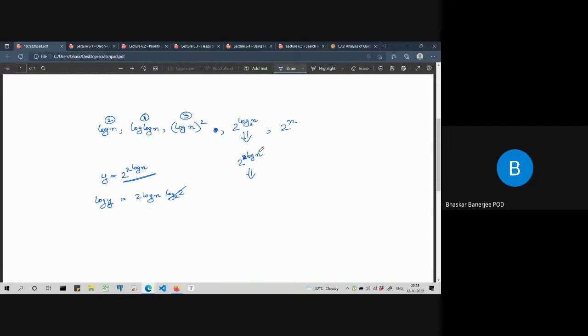So if I write 2 to the power log n, and let's say y, then simply this can go up, I mean, n to the power log 2 base 2. This is base 2 anyway, right? This can be interchanged. Now what you get from here is n to the power 1, which is n. So if I give you this function, then this is nothing but n.